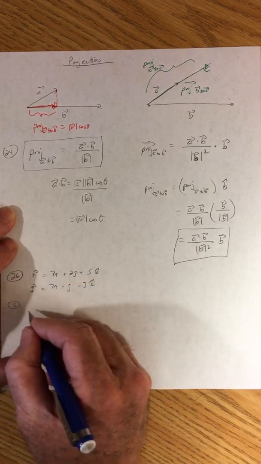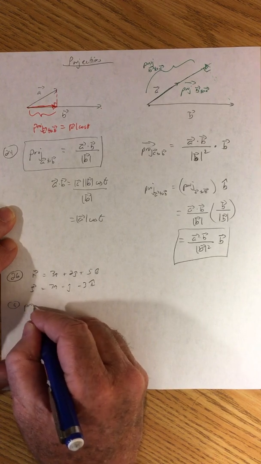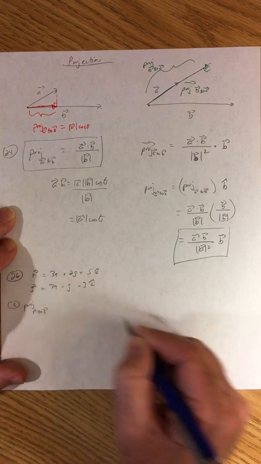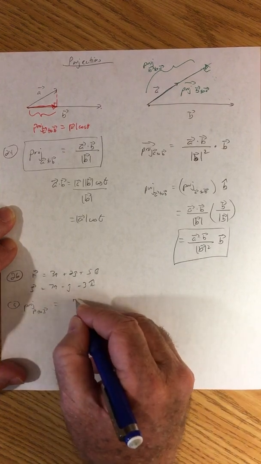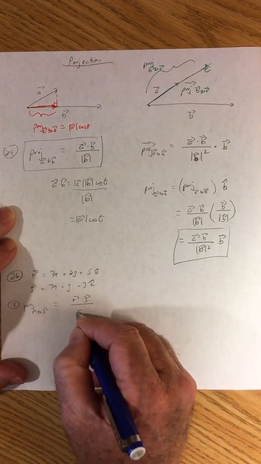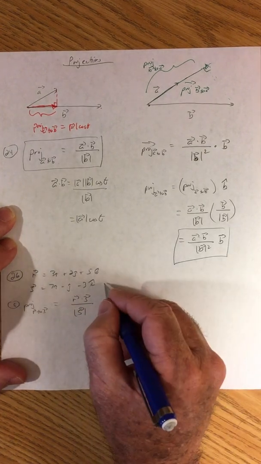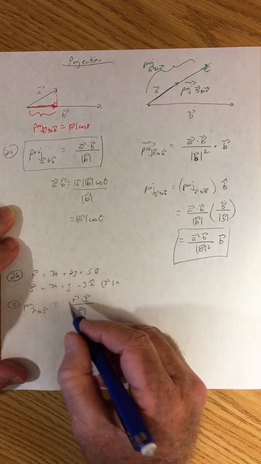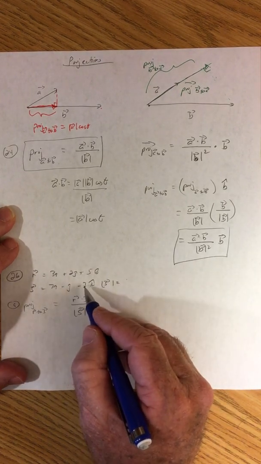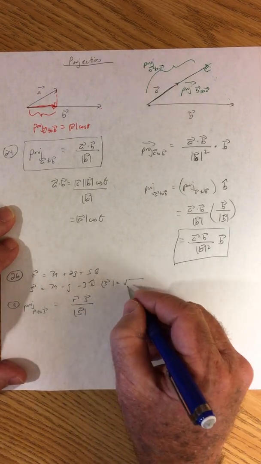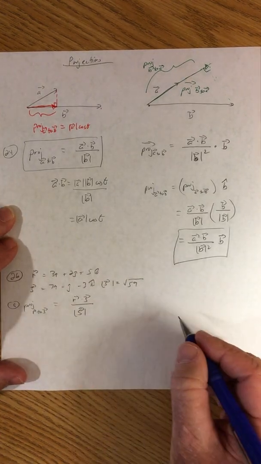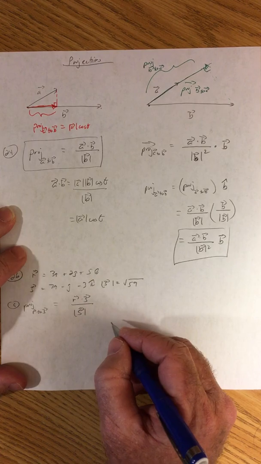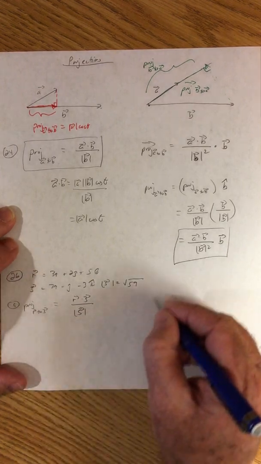Part A says find the scalar projection of R to S. That's going to be R dot S over magnitude S. Magnitude S is the square root of 49 plus 1 plus 9, or the square root of 59. We need R dot S, so let's find R dot S. We'll put that right over here.